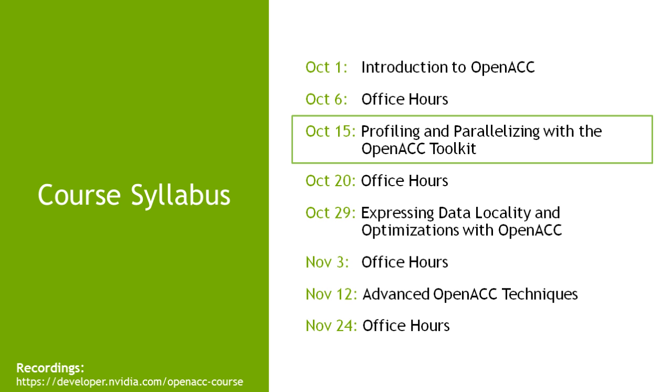So your outer loops have to be a gang, inside of that has to be a worker, and inside of that has to be a vector. Now you can expose multiple of those on the same loop. So I could have a single loop with a gang, worker, and vector. But what I can't do is, for example, have a worker on the outer loop and a gang on the inner loop. That would not be allowed. You have to have them in order of gang, worker, vector.